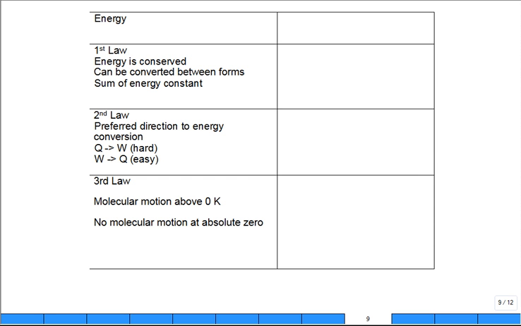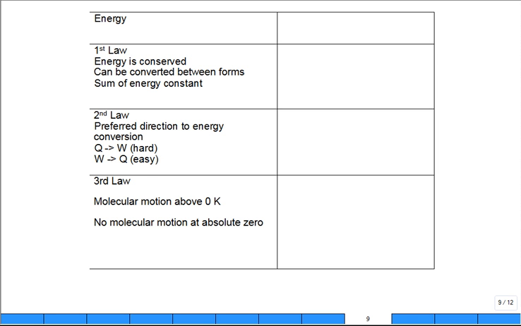You're going to burn some wood and you're going to then pump water out of a mine? This is ridiculous. You're nuts. It's not going to happen. Heat engines were a major part of the Industrial Revolution, true? Burning something to turn something, burning something to lift something, do mechanical work. So we were going Q to work, which is hard. But the second law is there's a preferred direction in the transformation of energy.